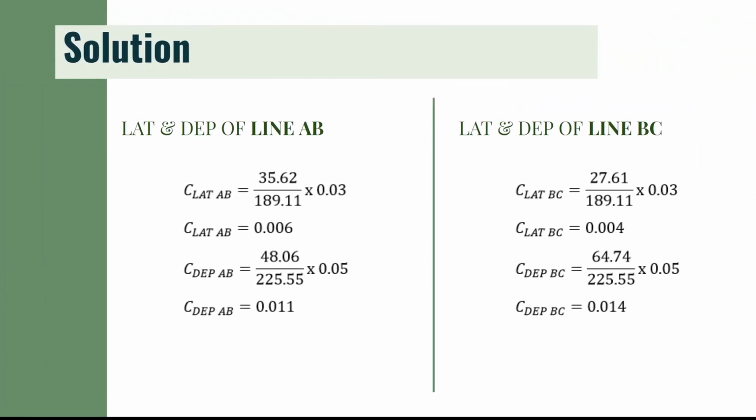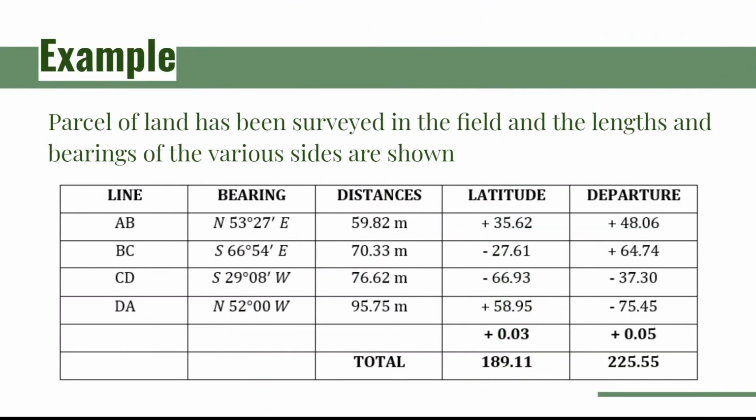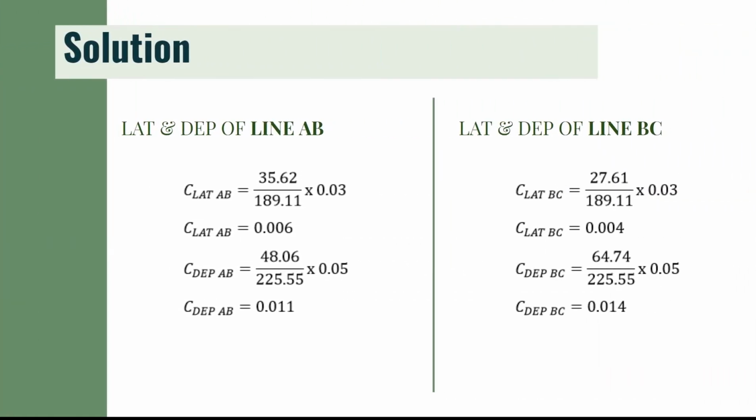The latitude of line AB. Correction of latitude is equal to 35.62 over 189.11 times 0.03 is equal to 0.006. The departure of line AB.